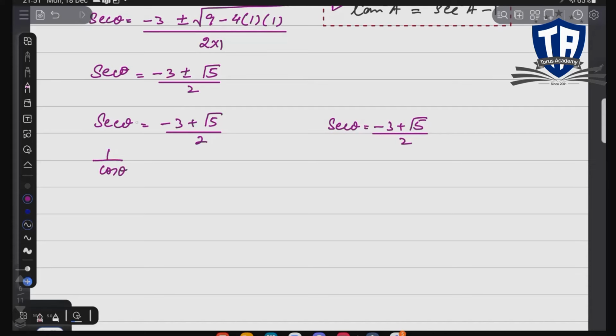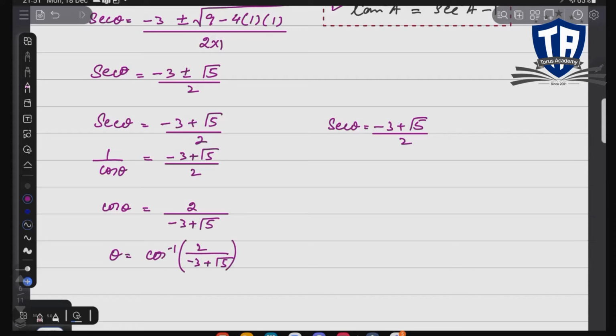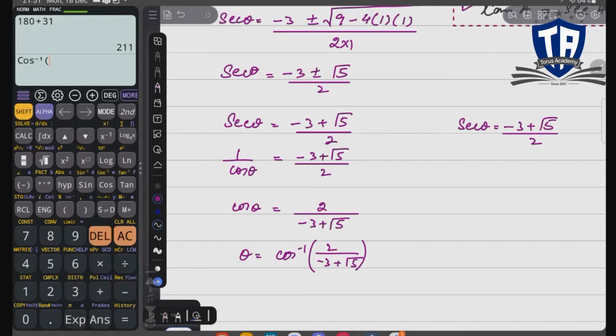Secant of an angle theta is equal to 1 over cos, so when you flip the fraction, it would be this one. By using the calculator, we can get the answers. Shift cos inverse of the fraction 2 over minus 3 plus root of 5. So it's not possible because we are getting the answer in the form of iota.